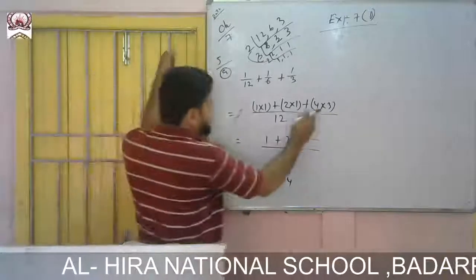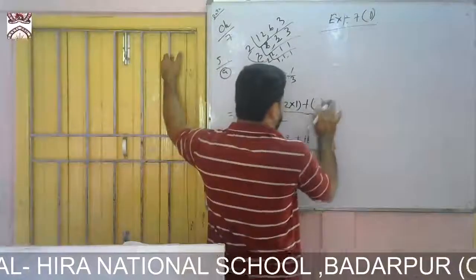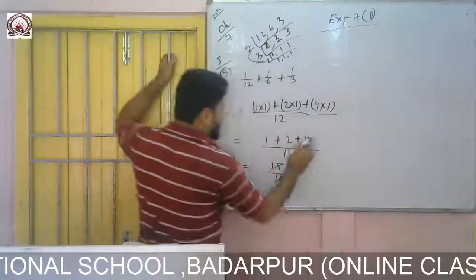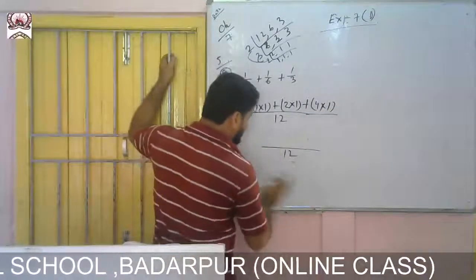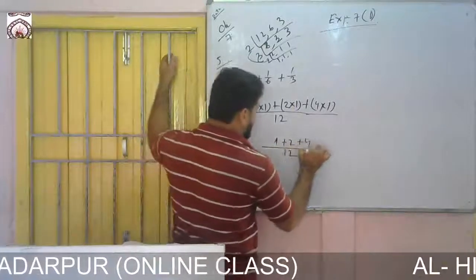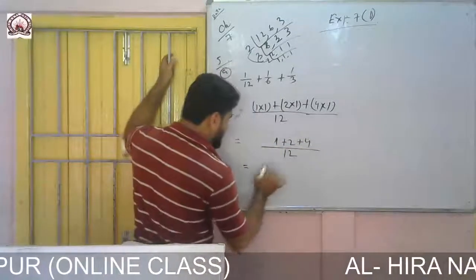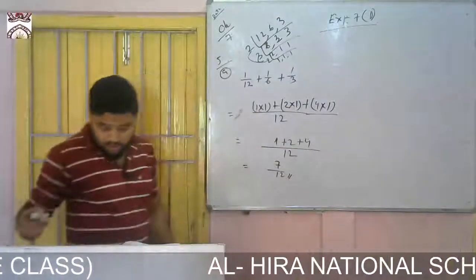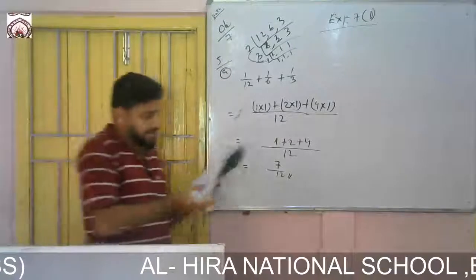Sorry, here it is 4 into 1, not 3. 1 into here, 4 into 1. Okay, so 1 plus 2 plus 4 is 7 by 12.